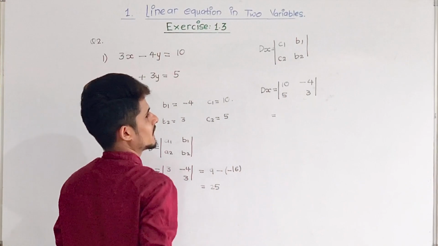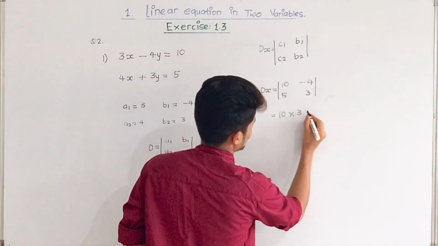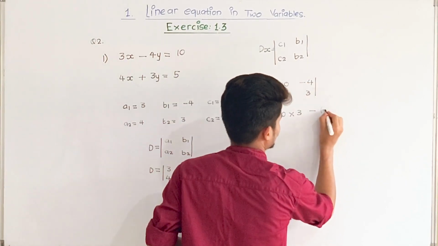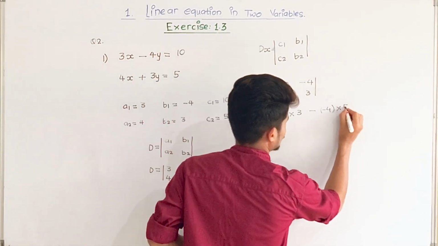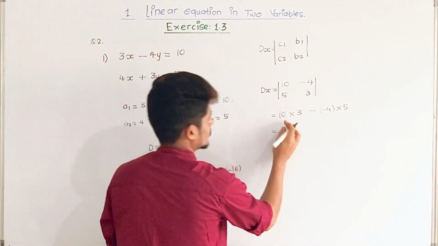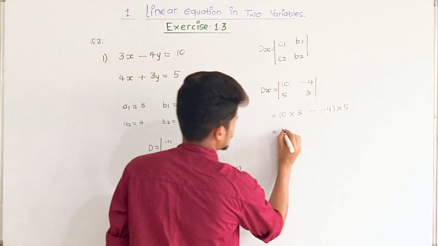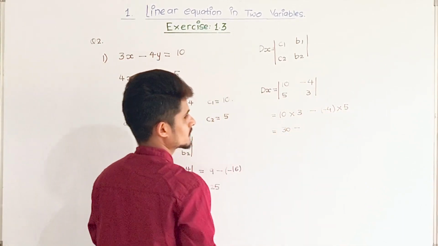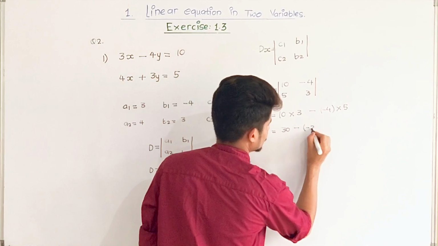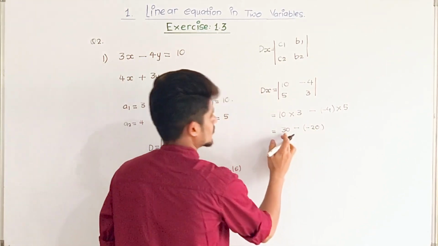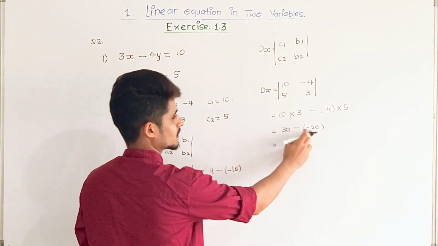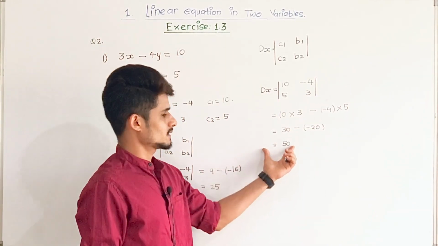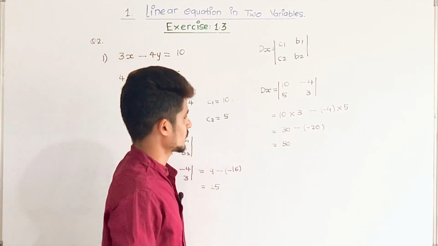Now cross multiply and subtract. 10 into 3 minus 4 into 5, that is 10 3s are 30, minus 4 into 5 is minus 20. 30 minus minus plus, 30 plus 20 is 50. So this is the value of determinant of x.